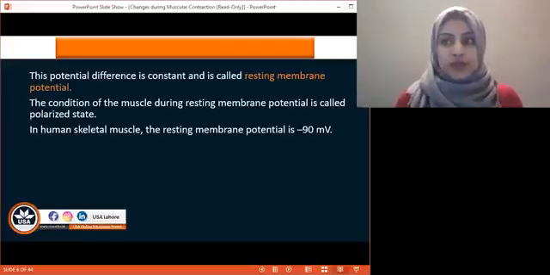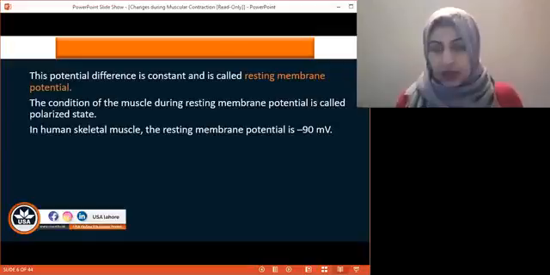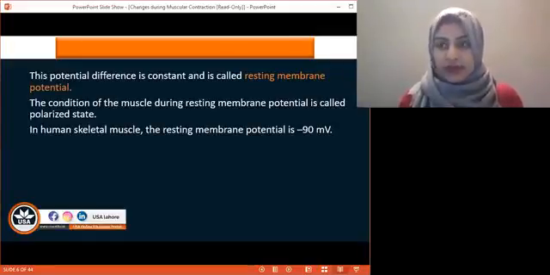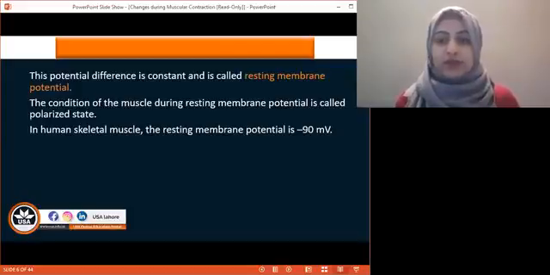In human skeletal muscles, the resting membrane potential is minus 90 millivolts. Neurons, cardiac muscles, and skeletal muscles all have different resting membrane potentials. Skeletal muscles have minus 90 millivolts as their resting membrane potential.